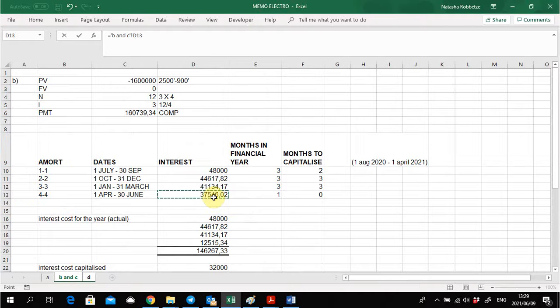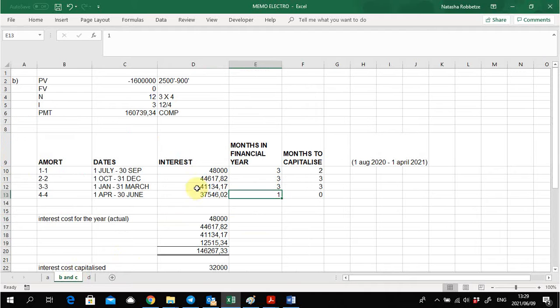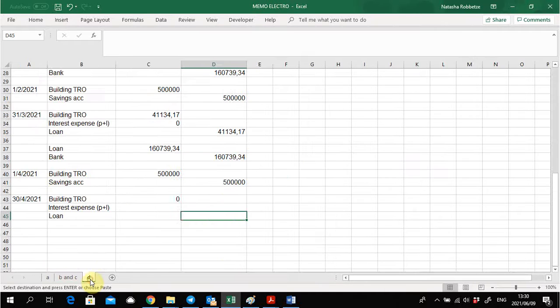Let me just copy. Let's try again. No, clearly it's not going to work. So I'm copying this amount. Let's just paste it somewhere.